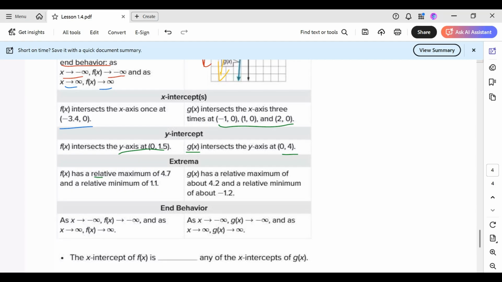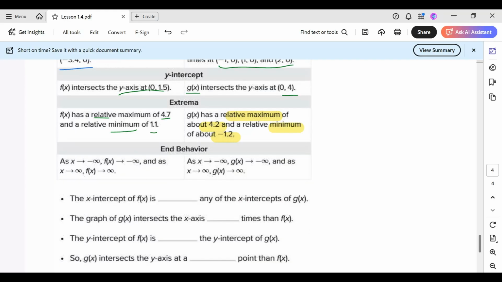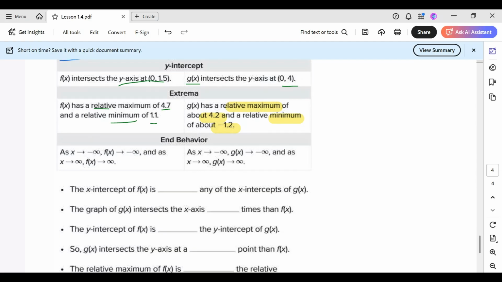Extreme values. Relative max is at 4.7 and a relative min at 1.1. G of x has a relative max at 4.2 and a min at negative 1.2. And end behavior. Let's look at our end behaviors. As x went to negative infinity, f of x went to negative infinity.